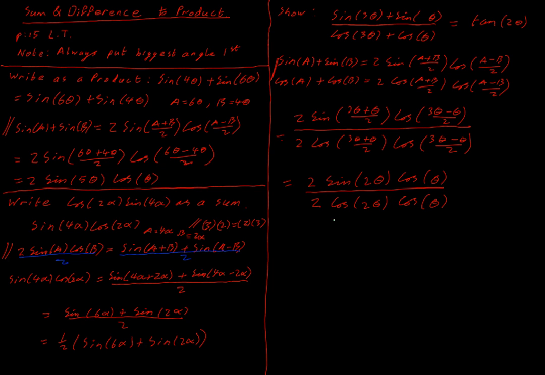I now see that I have lots of common factors that I can divide out by. I have 2 and I have cos theta are both common factors to the top and bottom line, so I'm left with sine 2 theta all over cos 2 theta, which is indeed equal to tan 2 theta.